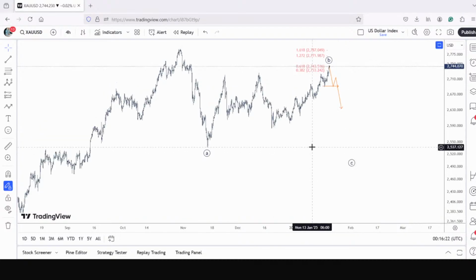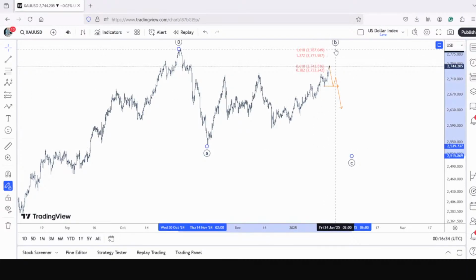but we've got to respect the price action. All right, market is the boss. So if markets choose to unfold as an expanded flat, which is a remote possibility still, of course, percentage is reduced, but it's still a remote alternative count. We've got to be prepared for that.